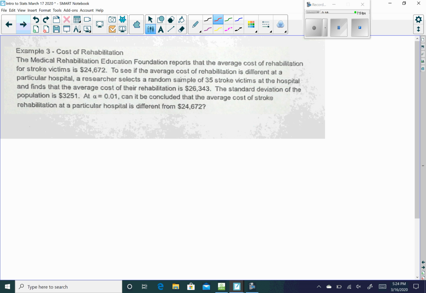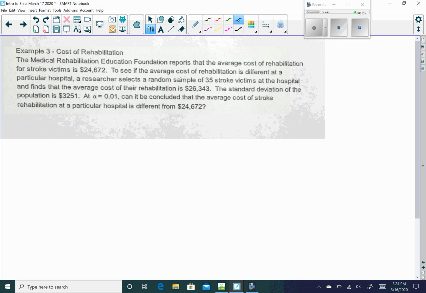To see if the average cost of rehabilitation is different at a particular hospital, a researcher selects a random sample of 35 stroke victims at the hospital and finds that the average cost of their rehabilitation is $26,343. Standard deviation of the population is 3251. Alpha is 0.01. Can it be concluded that the average cost of stroke rehabilitation at a particular hospital is different from this $24,672? That last part tells us that that's going to be our claim.